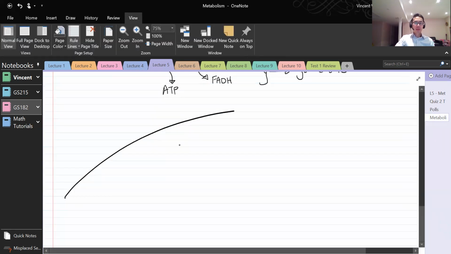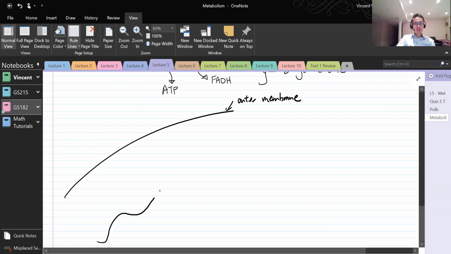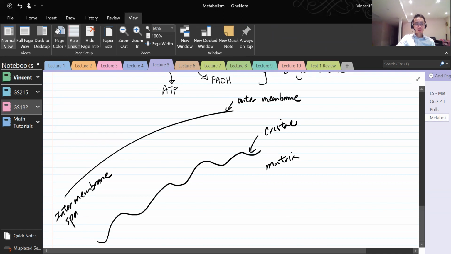Okay, a summary. So this is the outer membrane, the outer mitochondrial membrane. And then we have the cristae here, the inner membrane, the cristae. This is the matrix. This is the intermembrane space.